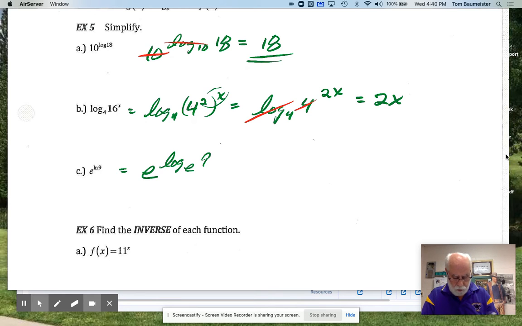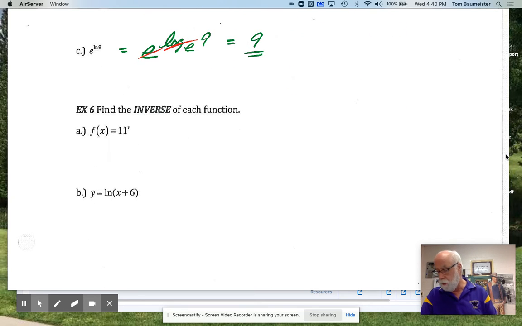So just like above, what's going to cancel? The e and the log e, and what are you left with? You're left with 9. Okay, so that's what that one is.